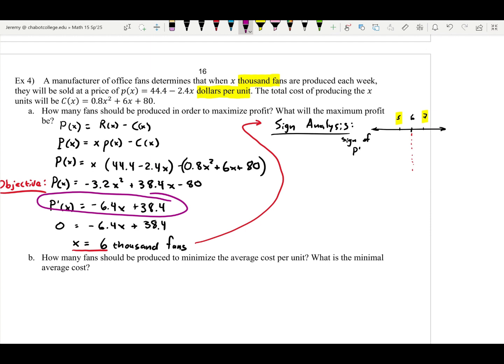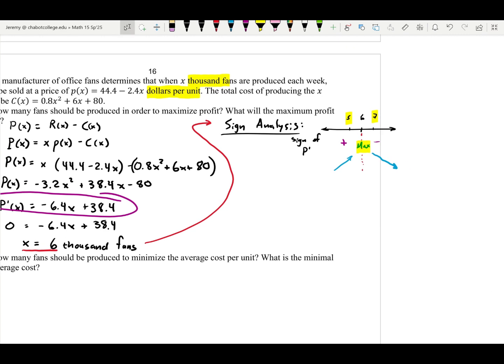If I plugged in 5, I got out a positive number, and I plugged in 7, and I got out a negative number. So the profit function is increasing to the left of 6 and decreasing to the right of 6. So we have a local maximum. Good. So that's confirmed. Our boss will be happy to see that we're actually maximizing profits rather than minimizing them. That would be a tragic mistake.